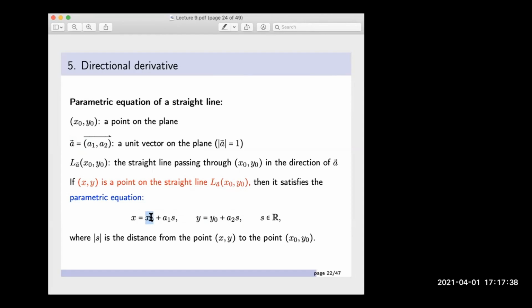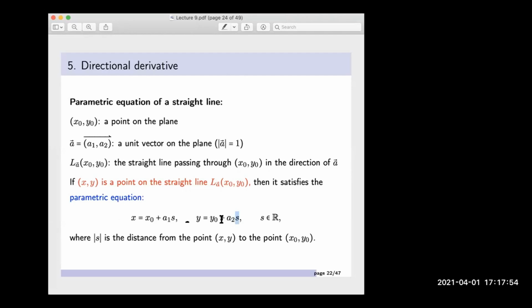If you move x0 and y0 to the left side, you have x minus x0 equal to a1 times s, and the second equation would be y minus y0 equals a2 times s.